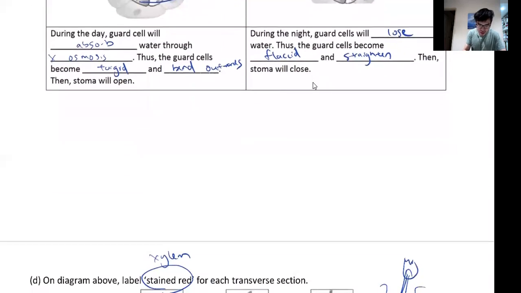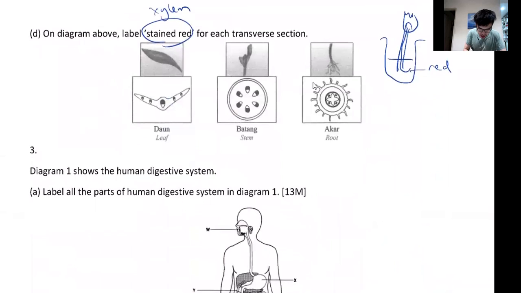So this one you need to memorize. Xylem is at the top in the leaf, this black part here, and then in the stem it is inside, which is the white part here, and then in the root it will be in the middle. Can you see this T shape here? This T shape is the xylem. Quick way to memorize this: xylem is always on the inside. Here got two, a black and a white one.